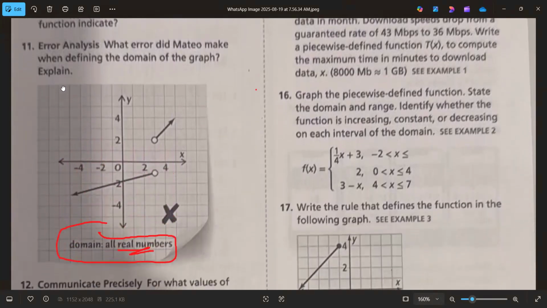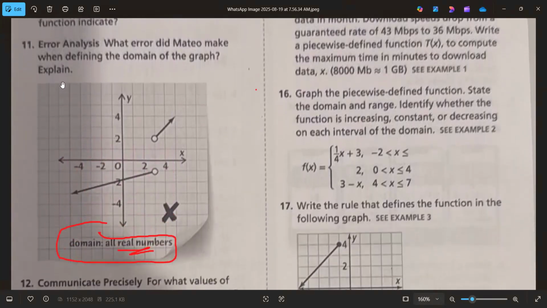Just from 11, there's no continuation. Yes. Okay. So domain is what? All real numbers. If domain is all real numbers, then there will be no hole.